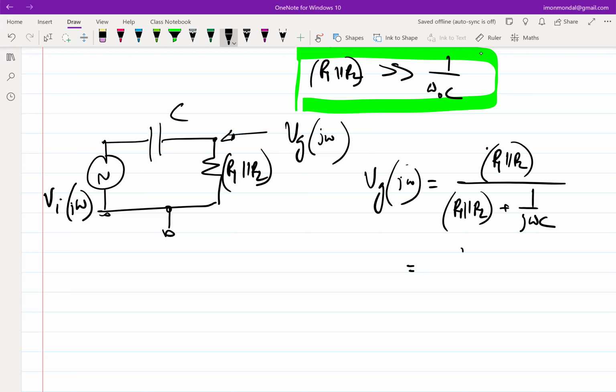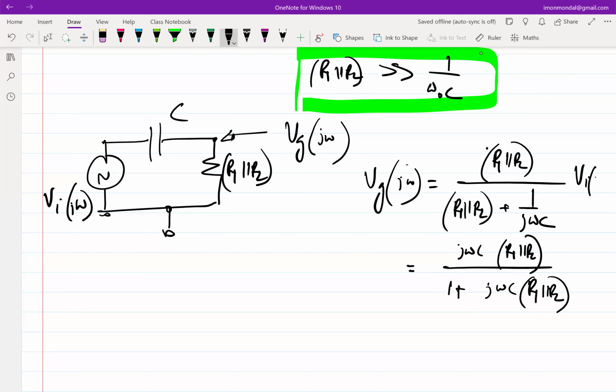So this would be j omega c times R1 parallel R2, times Vi of j omega. Correct. Thank you.